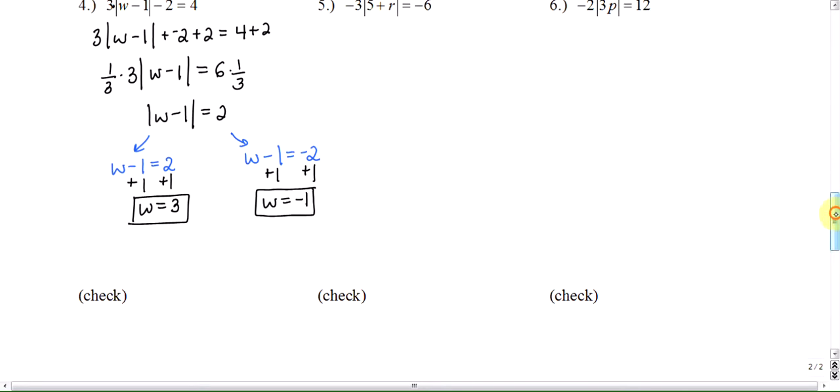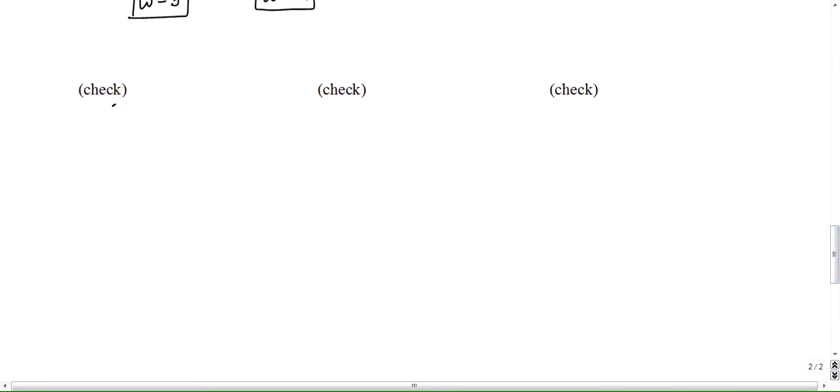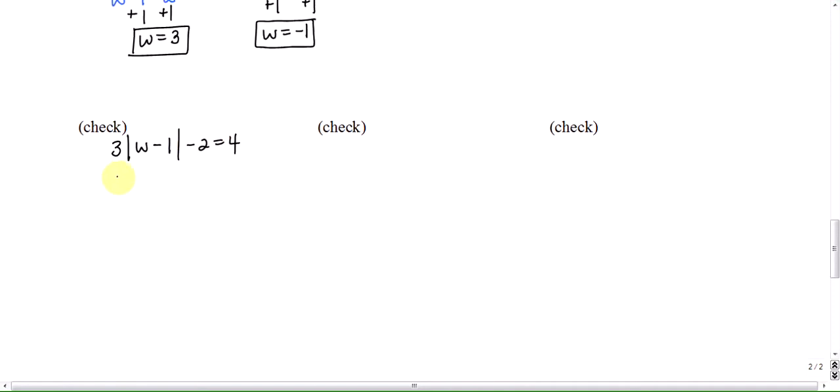We can do a quick check on this. So the original problem was 3 times the quantity, which was the absolute value of w minus 1, minus 2 equals 4. So my checks would be 3 times the absolute value of 3 minus 1, minus 2 equals 4. 3 times, it's a 2. This is just a normal 2 again.